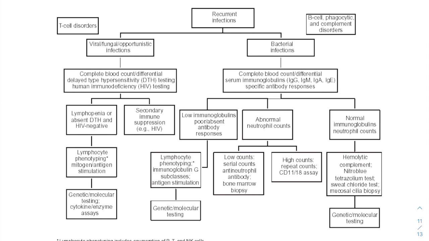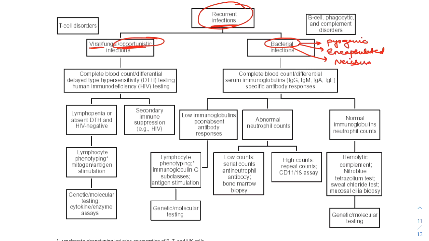Now, this is the algorithm we follow for a child who is having recurrent infections. If there is presence of recurrent infections, we see whether there are bacterial infections or viral and recurrent opportunistic infections. In case of bacterial infections, we see whether they are of pyogenic nature, whether they are caused by encapsulated bacteria, or whether there are recurrent Neisseria infections like Neisseria gonorrhoeae.